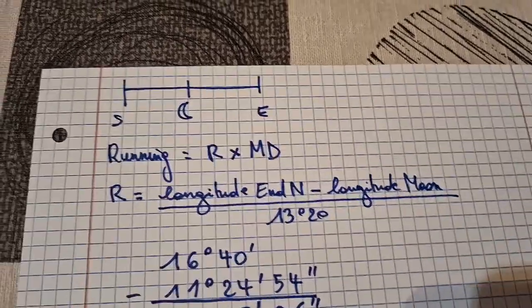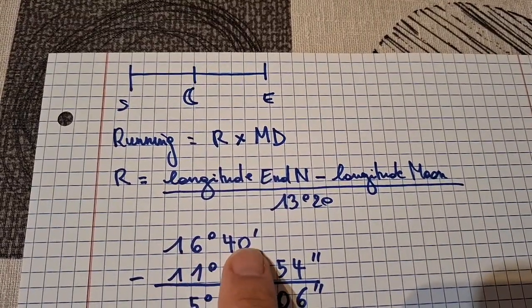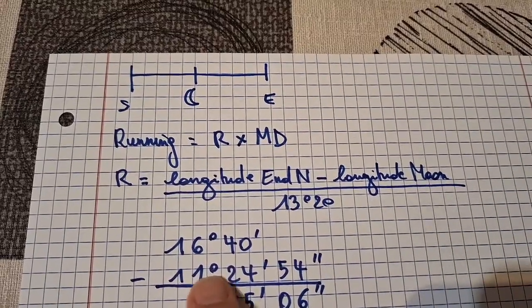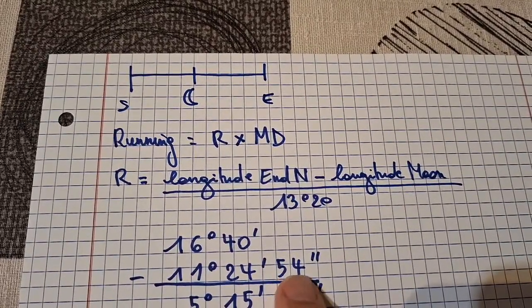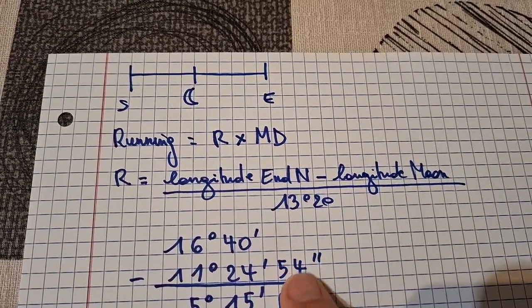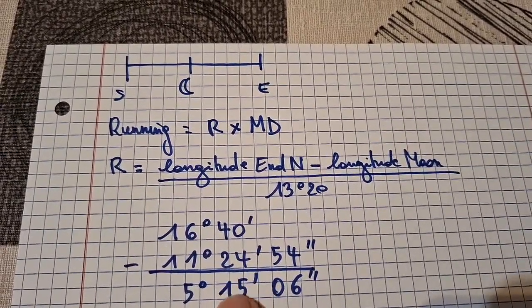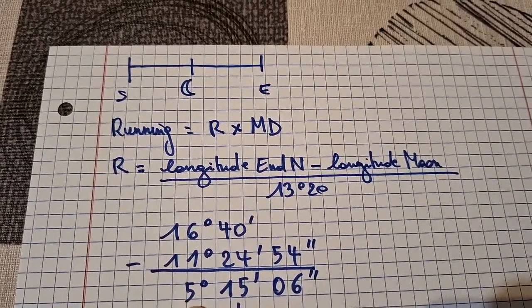So in our example, it is 16 degrees 40 minutes. That's the end of the nakshatra, minus the longitude of the moon, 11 degrees 24 minutes 45 seconds. So we do 60 minus 45, we get 15, 39 minus 24 is 15, and 16 minus 11 is 5.